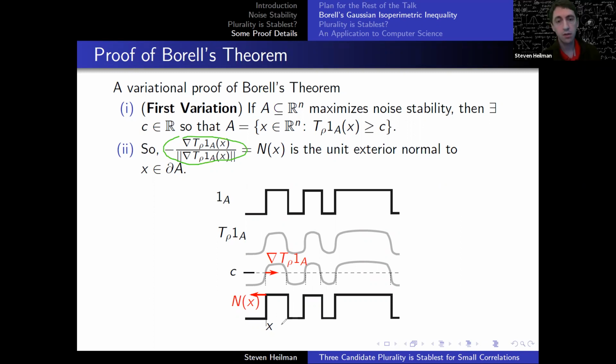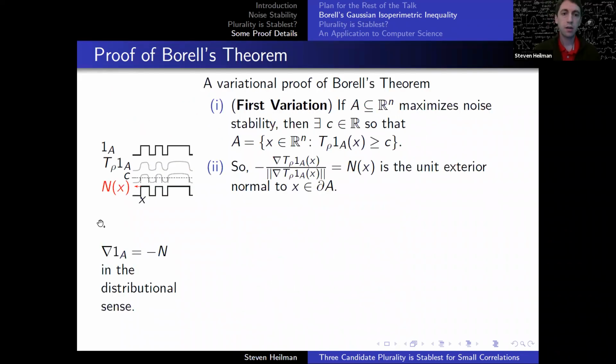The gradient is always perpendicular to the level sets, and A is its own level set. So if I multiply by -1 and normalize, I get the unit exterior normal vector by taking the gradient of this quantity. Okay, that's realization number 2. Once again, we haven't used anything fancy. I just rearranged things from the previous slide.